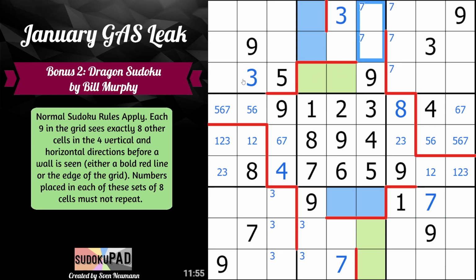Right, 7 here means 7 exists somewhere here. 1, 2, 3, 4 leaves us with 1, 2, 3, 4. So the 3.